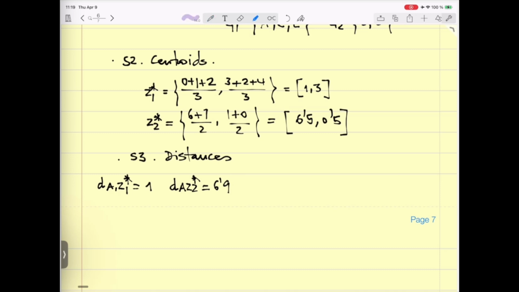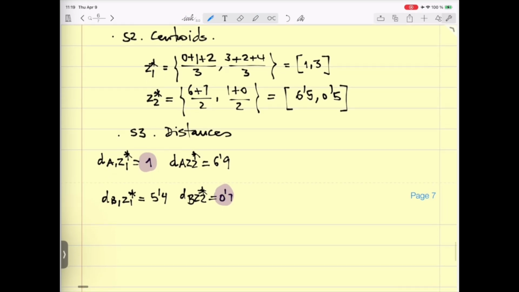You need to do the calculations with the square roots and everything for all the points, okay? In the exam, don't be mistaken. So the distance between B and Z1 star is going to be 5.4. Distance between B and Z2 star is going to be 0.7. So it belongs to the second group.